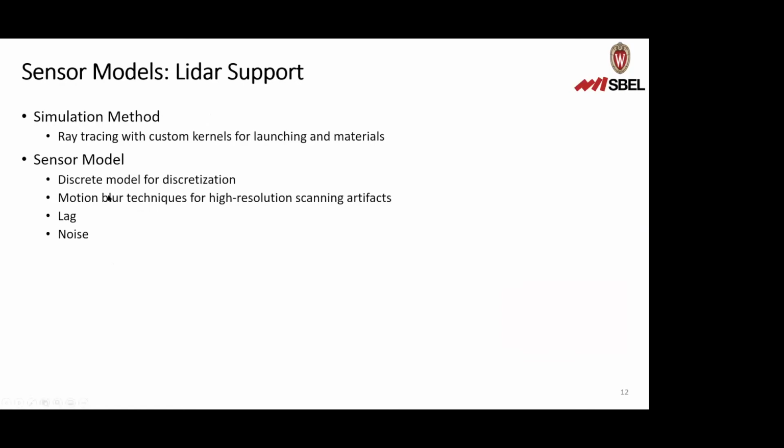By doing this, we can discretely model the beam so that we can incorporate what happens when the beam diverges and actually reflects off multiple objects. We can also include what basically amounts to motion blur, and that's the scanning artifacts that are induced when a LiDAR spins. And then we also include lag and noise.